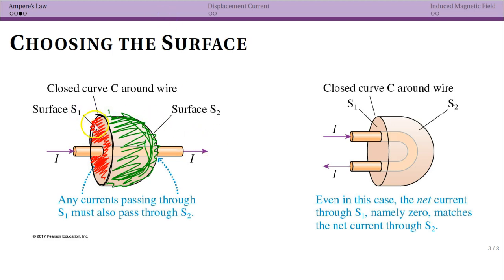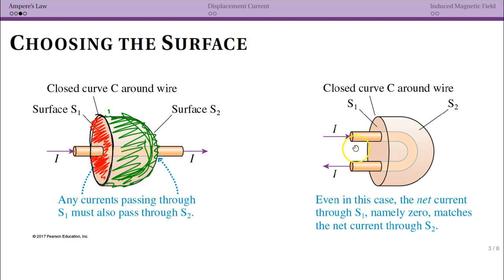So one closed curve has more than one possible surface that is defined by it. We have surface 1 and surface 2. Notice that if we have a wire here carrying current I, it's going to go through both of these, because if this wire suddenly ended here, there couldn't actually be a current going through it.